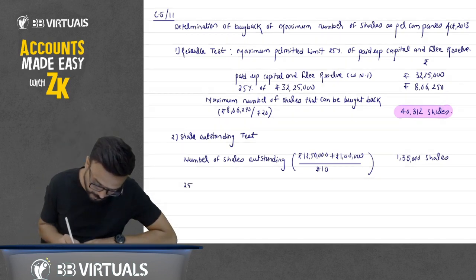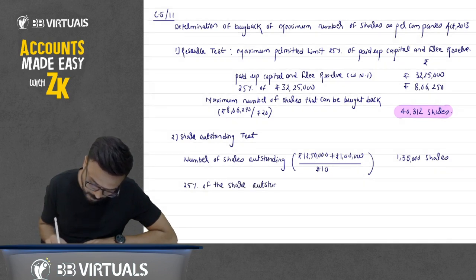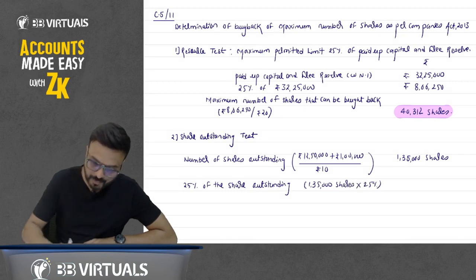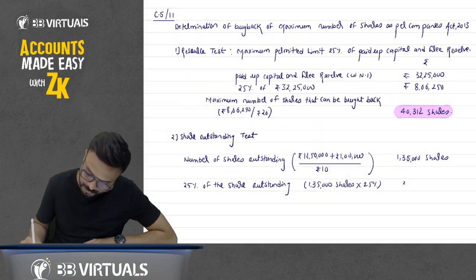So 25% of the shares outstanding. So 1,35,000 shares multiplied by 25% comes to 33,750 shares.